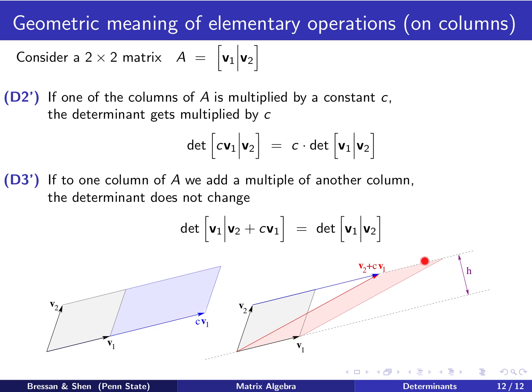You continue drawing in the parallel way, and you have this parallelogram. This line and this line are parallel, and therefore the height h is unchanged. The area of this parallelogram is the height times the length of the base, and the area of the pink one here is also the height times the base, exactly the same as the previous one. This we learn from geometry.